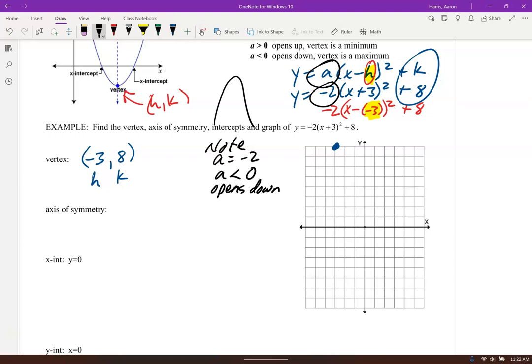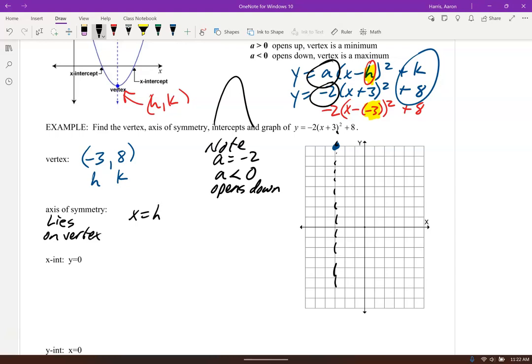But let's go ahead and find our axis of symmetry. The axis of symmetry lies on the vertex, so it goes right down the middle of the vertex. I'm going to do it in black. There's the axis of symmetry. If you have vertex form, it's x equals h.